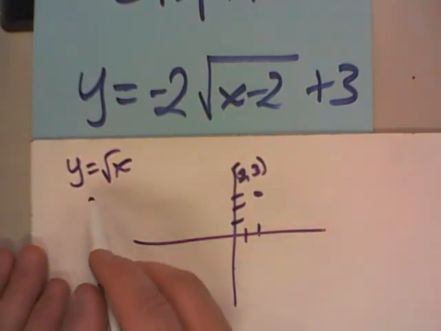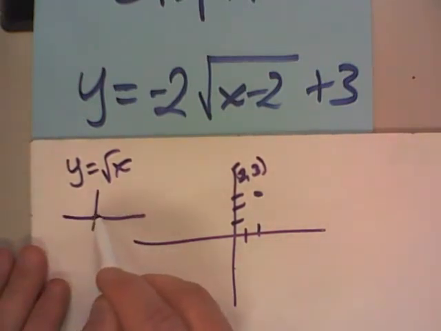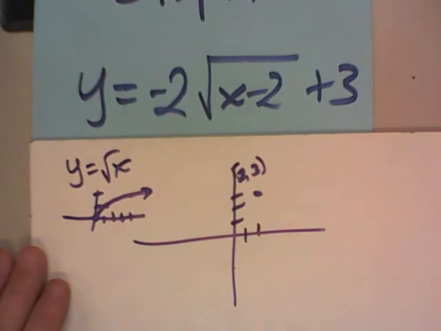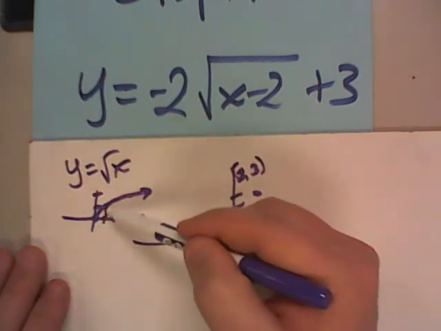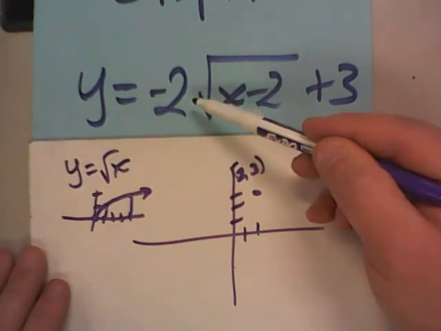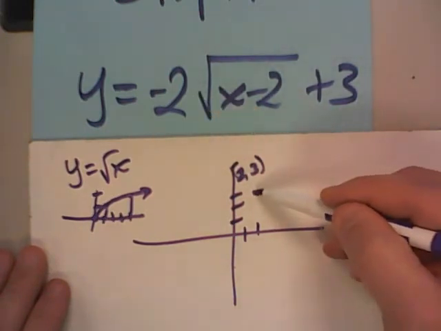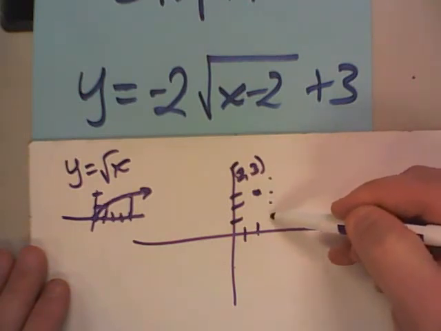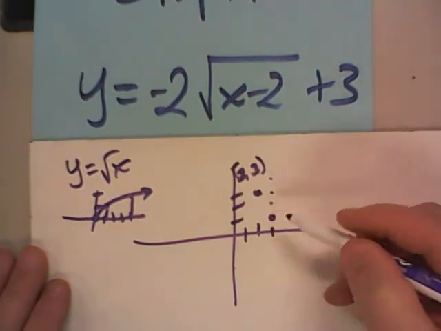And it's also not going to start in the regular fashion. Normally, we start at 0, 0, we go over 1 and up 1, and we go over 4 and up 2, and we have half of a parabola that looks like that. But these vertical distances of 1 and 2, we're going to multiply by the a value, which in this case is negative 2. So from our vertex, normally we go over 1 and up 1, but now we're going to go over 1 and down 2.